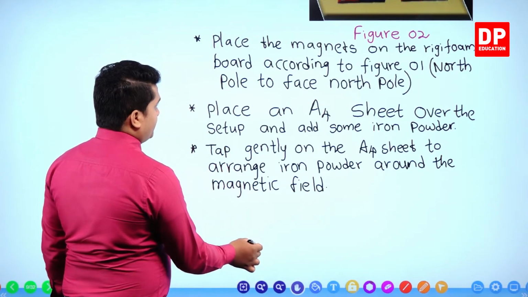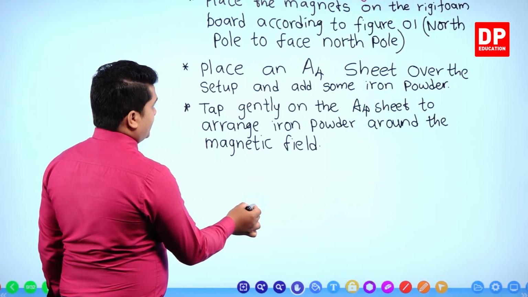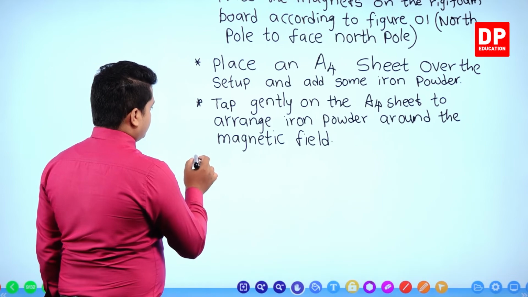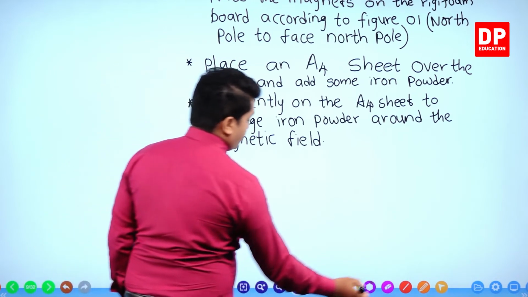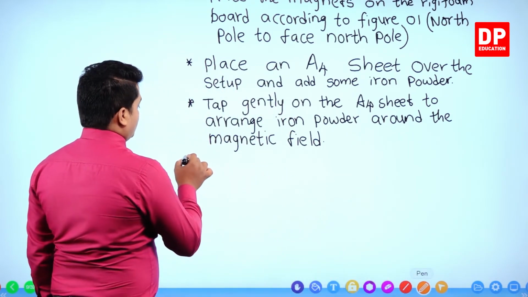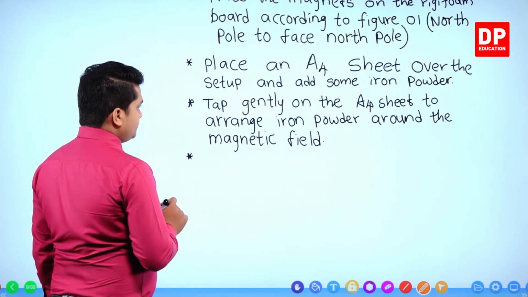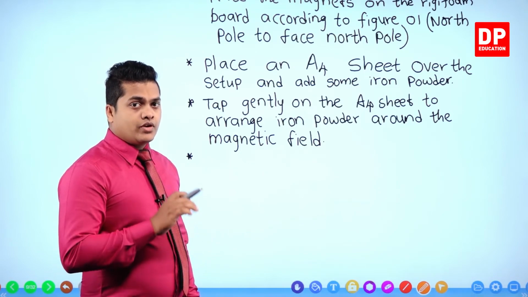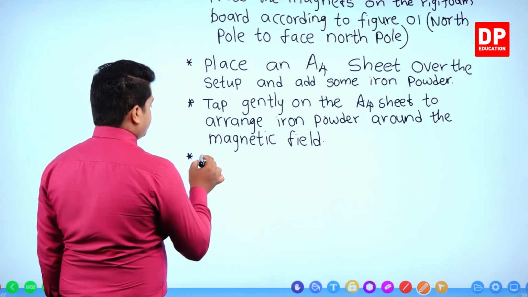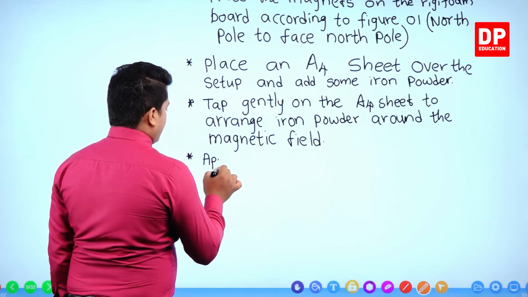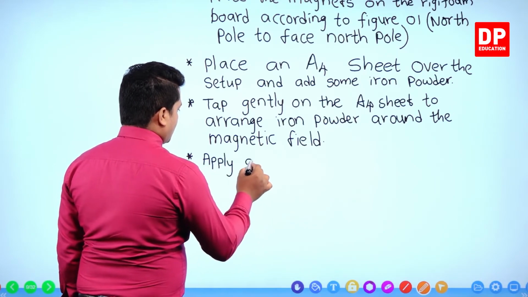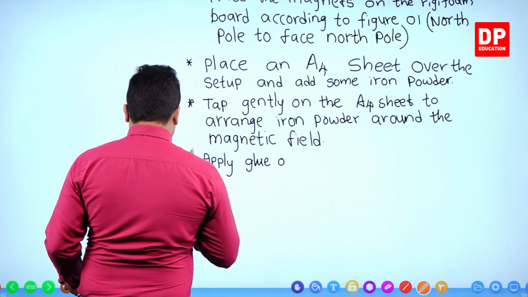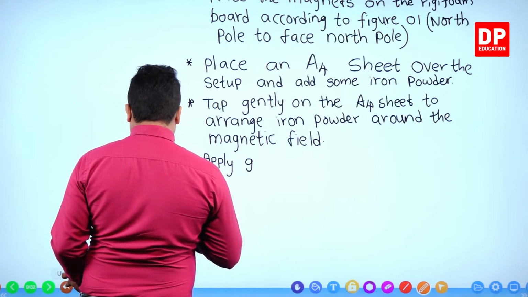Then in the next step, now we need to apply glue on a different A4 sheet. Apply glue. I'll mention thin layer of glue.